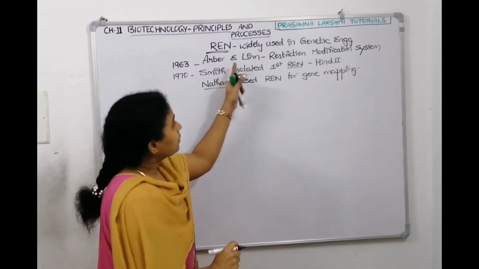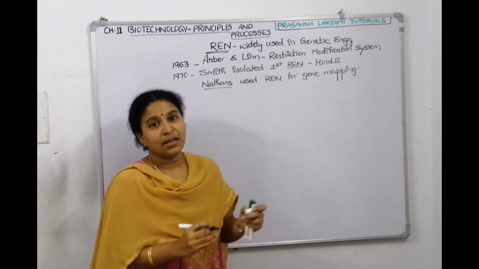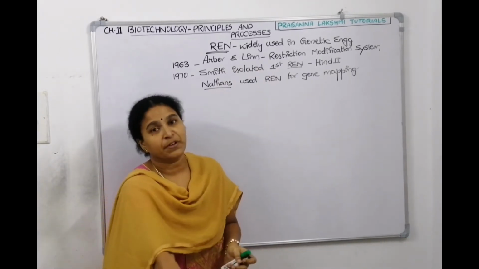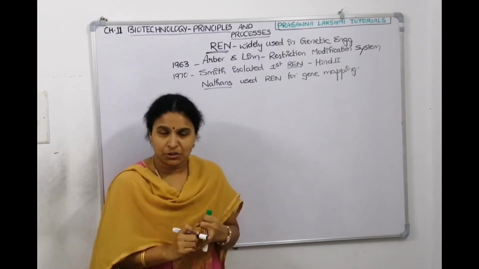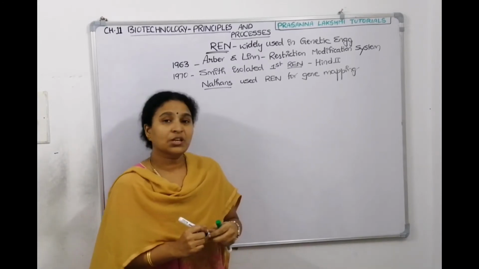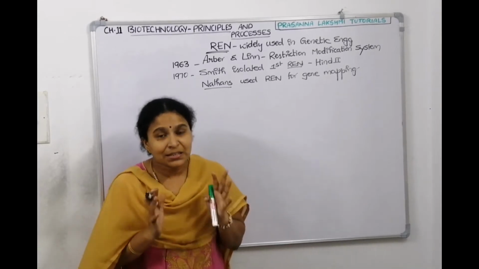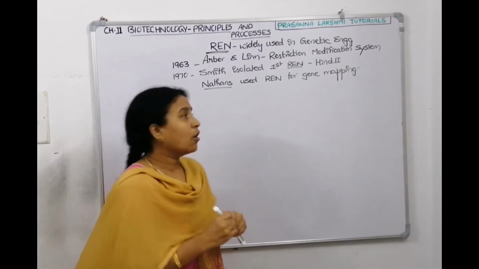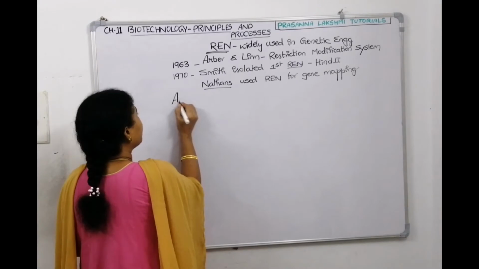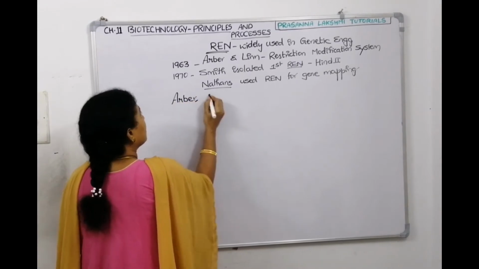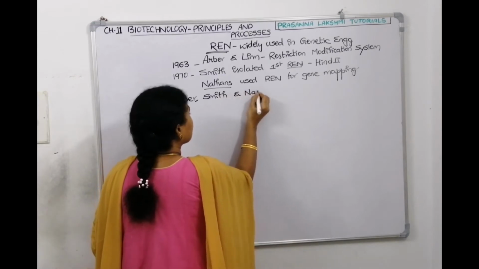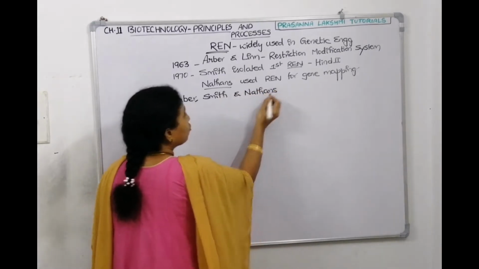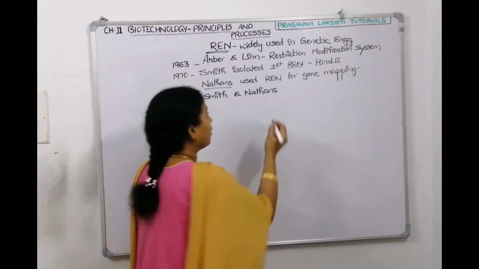So Arber and Linn observed the restriction modification system in E. coli, Smith isolated the first restriction enzyme, and Nathans used restriction enzymes in gene mapping. For this discovery, these three people, Arber, Smith and Nathans, got the Nobel Prize in medicine and physiology.